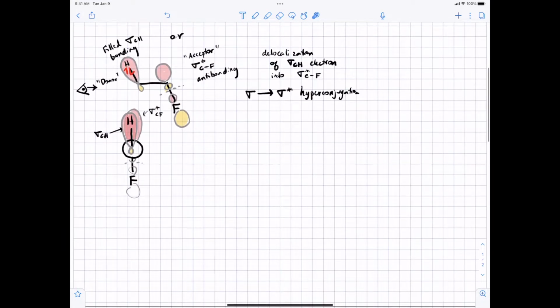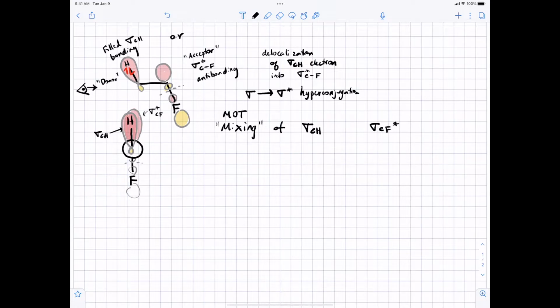Another way of thinking of it is in terms of molecular orbital theory, mixing of a carbon-hydrogen sigma bonding orbital with a carbon-fluorine sigma star.